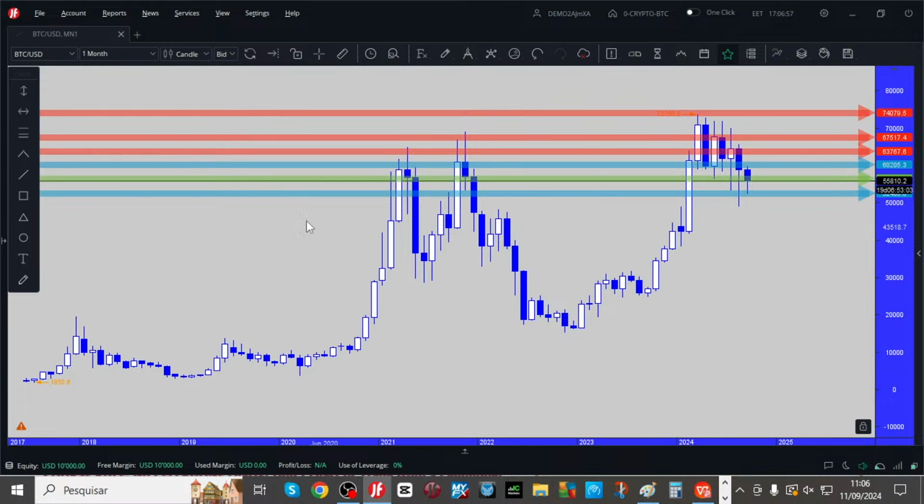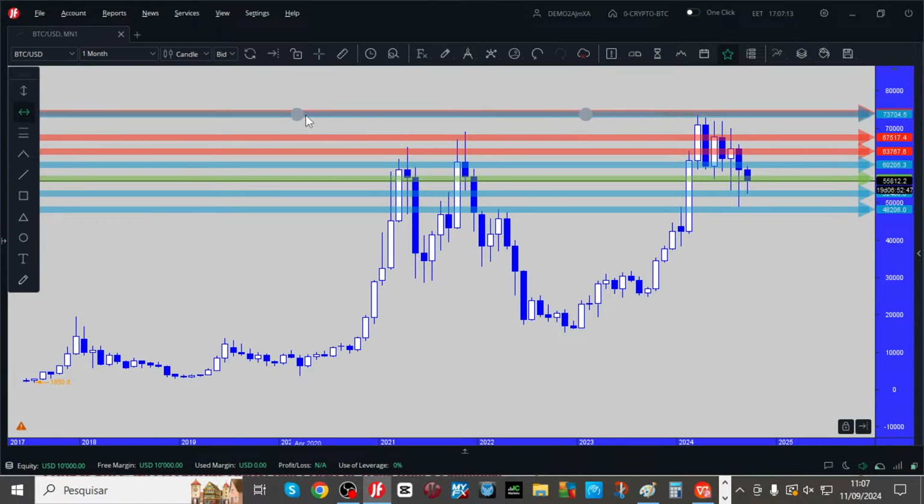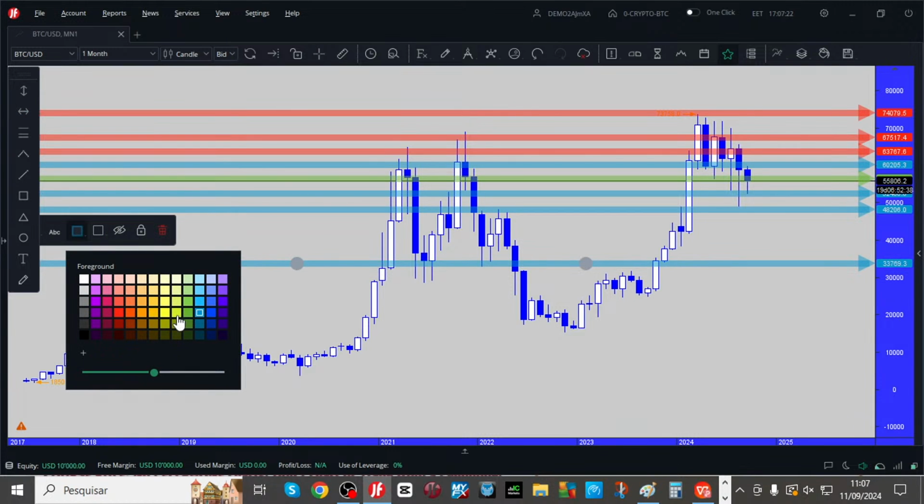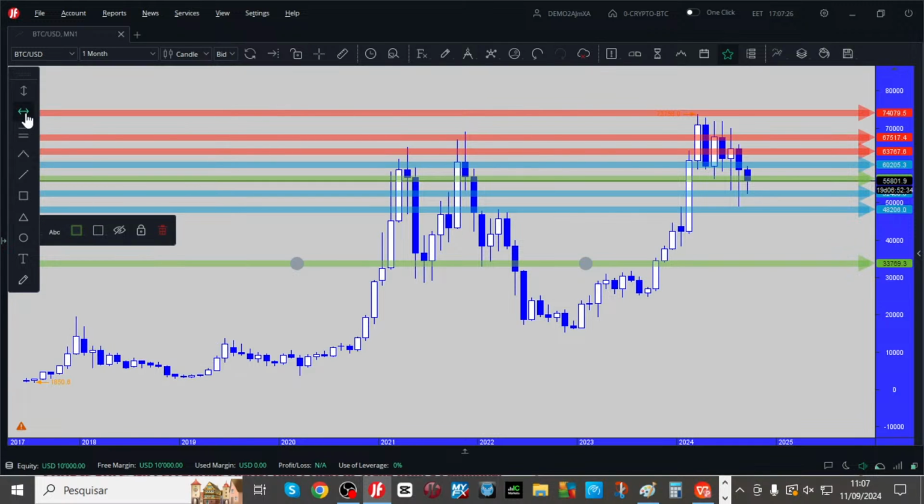Give me a second. And going down. Pivot. Let me see if there are no highs, that's why it's green. And going down, scrolling down, somewhere in here. This was support. And scrolling down to here.